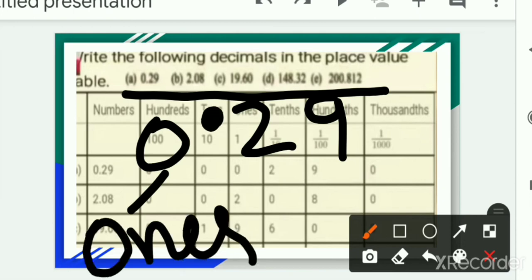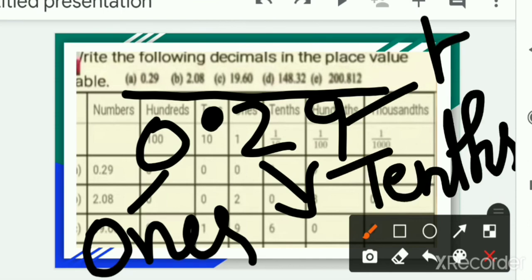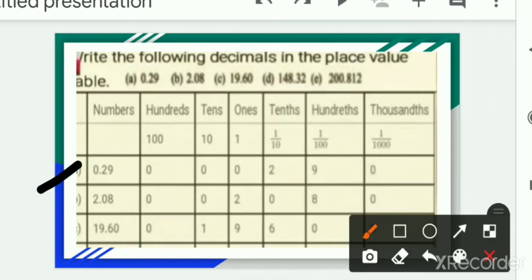After the decimal point, this place is tenths, and this is hundredths. See, hundreds place is 0, tens place is also 0, and we have 0 at the ones place. After the decimal point we have 0, which is tenths, and 9 will be hundredths.